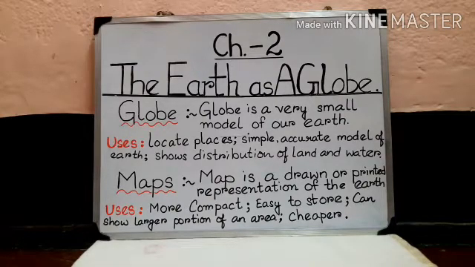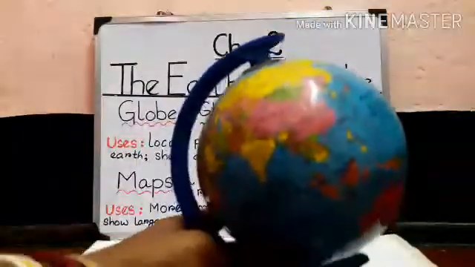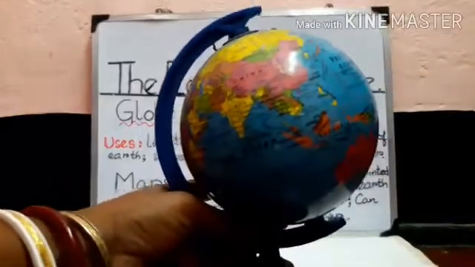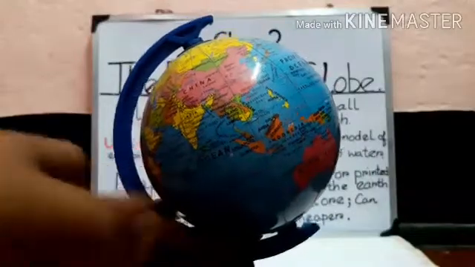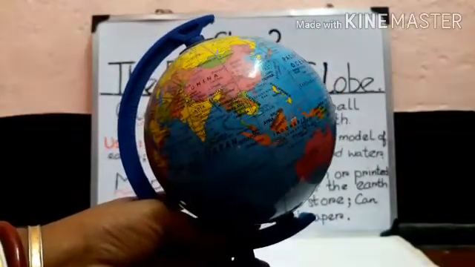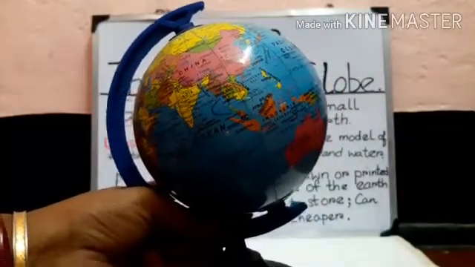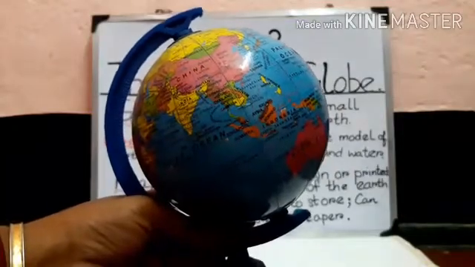This hollow round model has a rod passing through it. This rod is called the axis of the globe, the earth. Okay. So this globe is hollow. And you can see there is a rod passing through it. Okay, this is called the axis of the earth. Earth does not have any line passing through it.